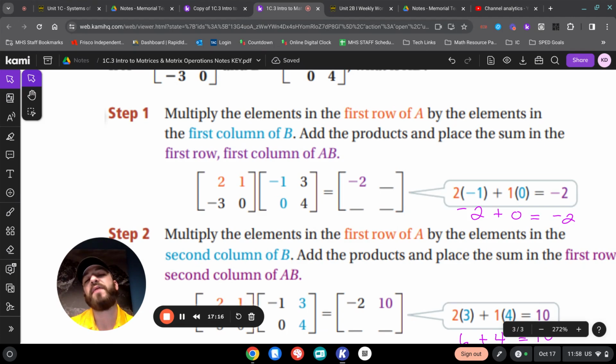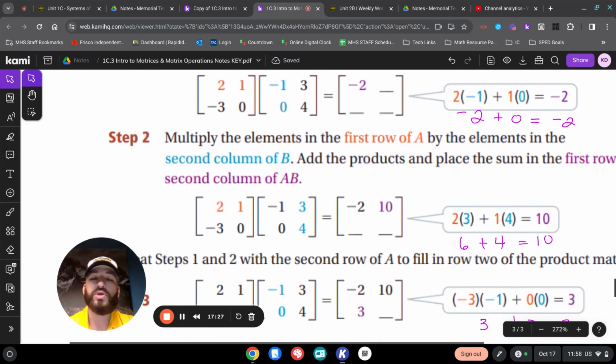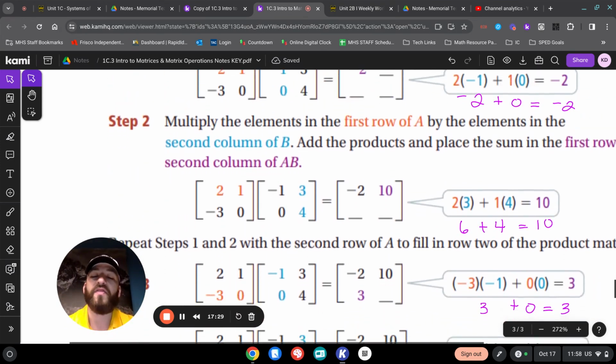And that gives me my first term of my resultant matrix. Then I just repeat, first row again, but then second column. So 2, 1 times 3 and 4. So 2 times 3 plus 1 times 4. 2 times 3 is 6, plus 1 times 4 is 4. 6 plus 4 would equal 10.